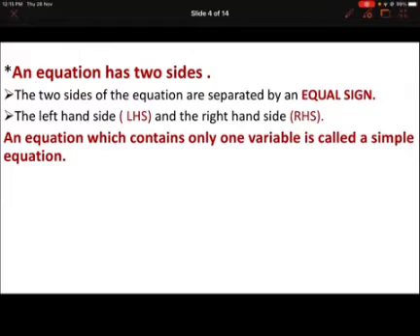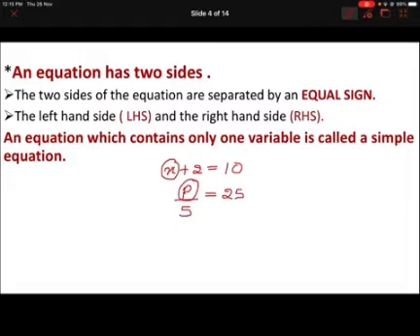What we mean by this is, if I give an equation like x plus 2 equals 10, then I can call this simple equation because it has only one variable. Likewise, p divided by 5 equals 25. Again, this is a simple equation because it has only one variable, one alphabet or one variable.